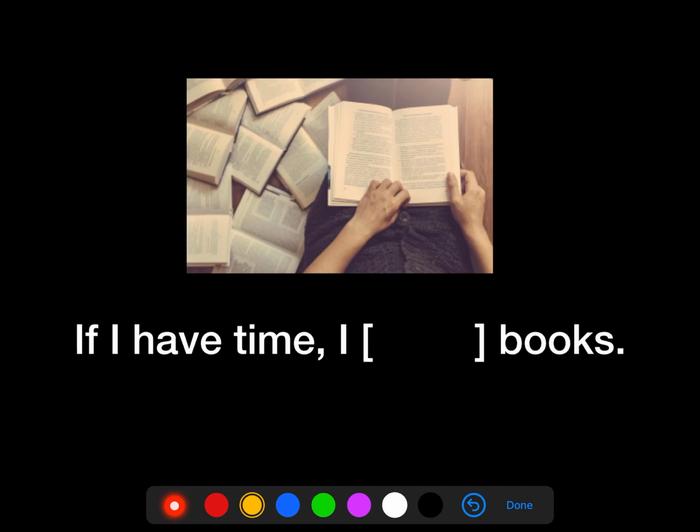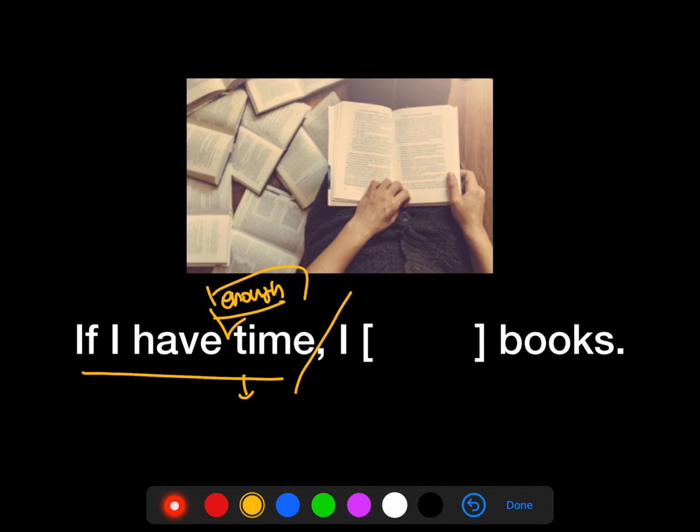If I have time, I books. One more time. If I have time, I books. This sentence is really easy. For everyone, having time to read is not equal. So if I have time, let's just say enough time. Can we have enough time every day?